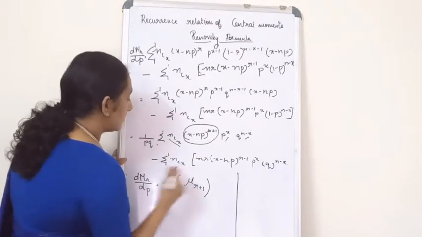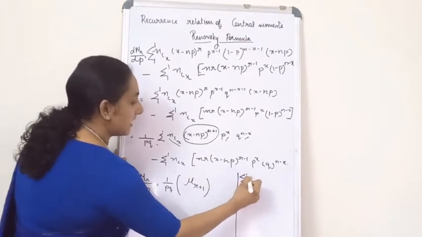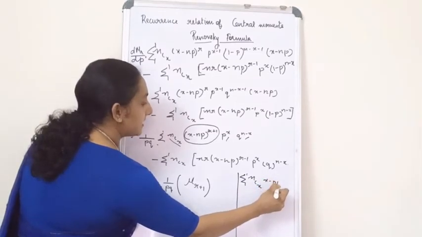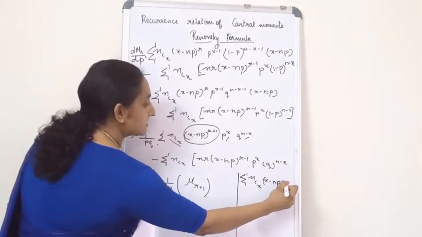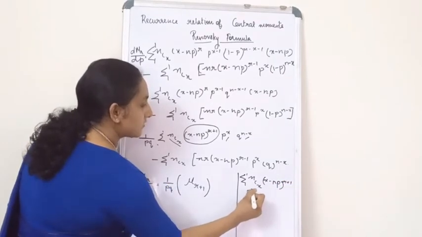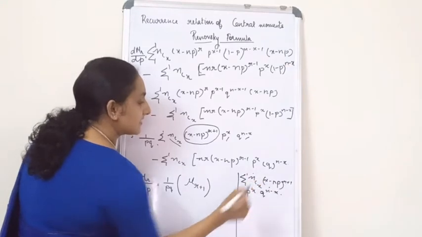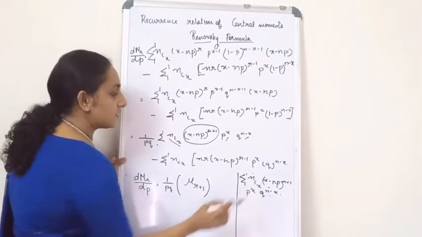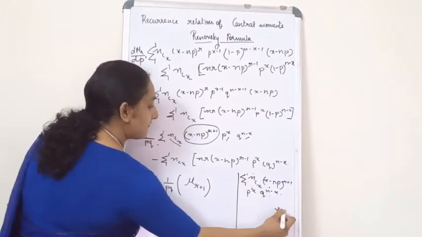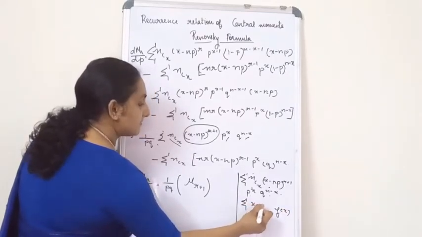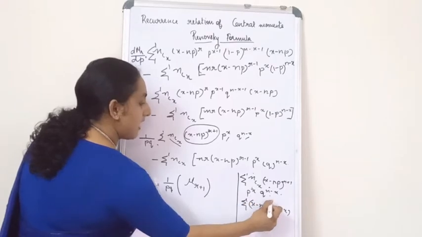Now summation nCx (x minus np) the whole raised to r plus 1, p raised to x, q raised to n minus x. Now when I consider these three terms, that is nCx, p raised to x, q raised to n minus x, I told you that it is f of x. Summation (x minus np) the whole raised to r plus 1.